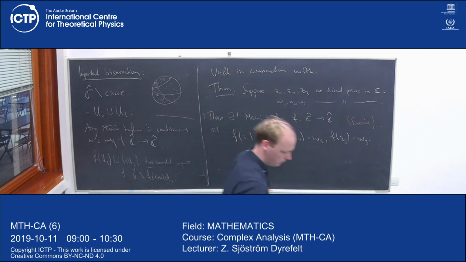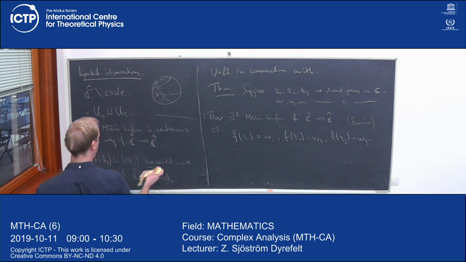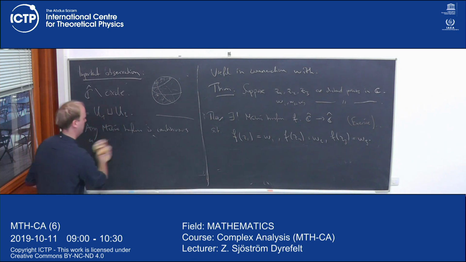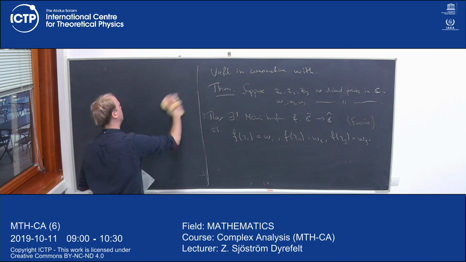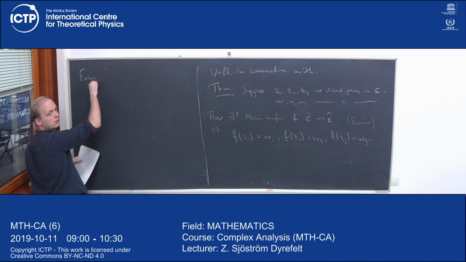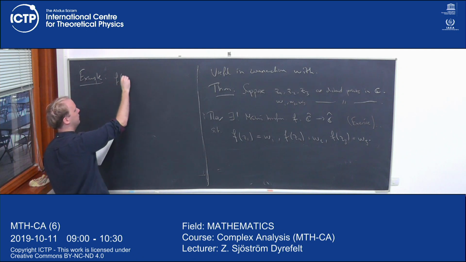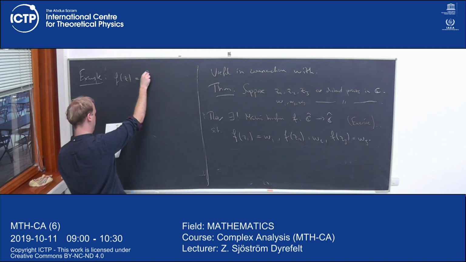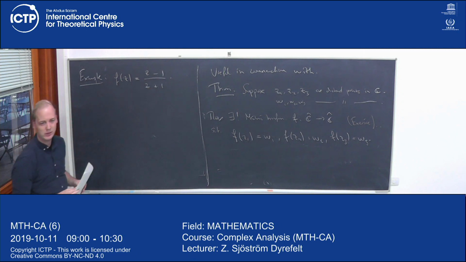Now let's see how you use this. So I have an example now, how to use this statement. Okay, so let's make an example. Consider f(z) the following Möbius transform, (z - 1)/(z + 1). Okay, so this is a Möbius transform, clearly.